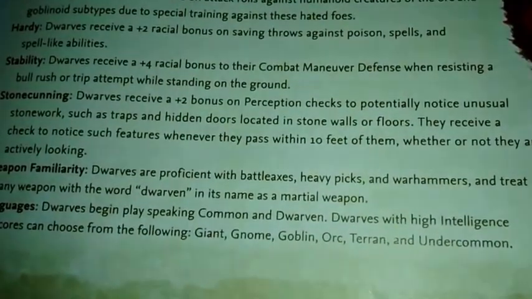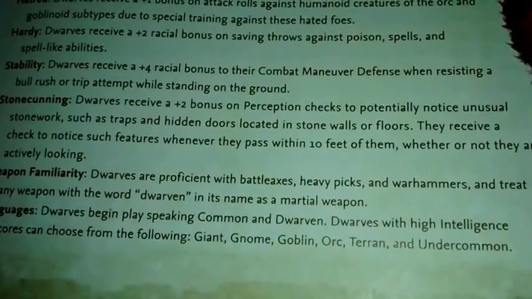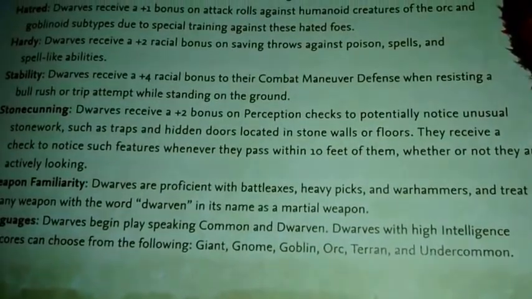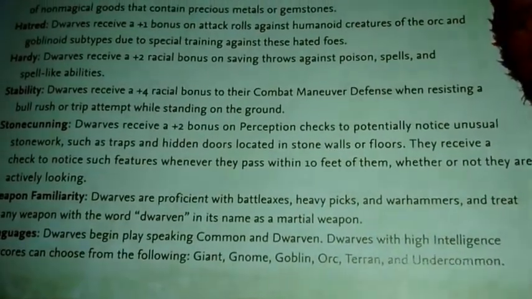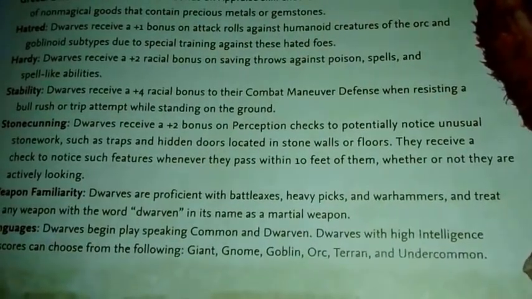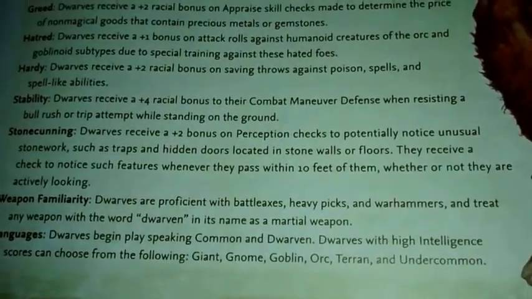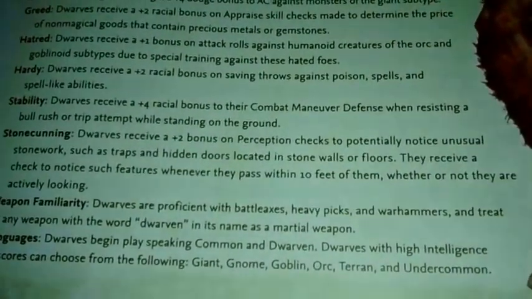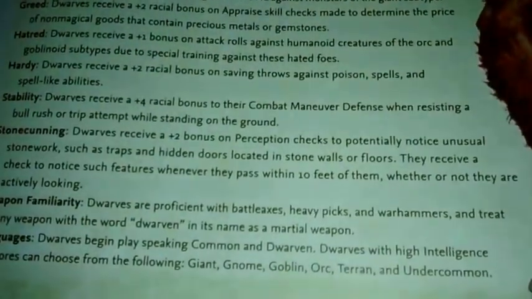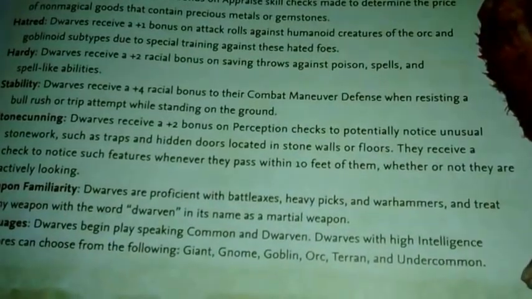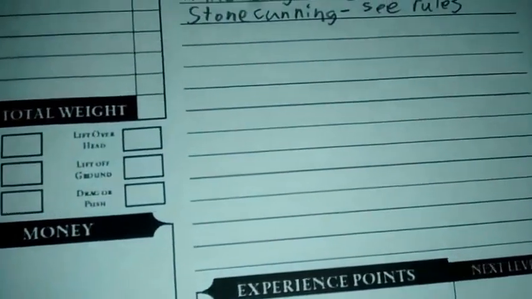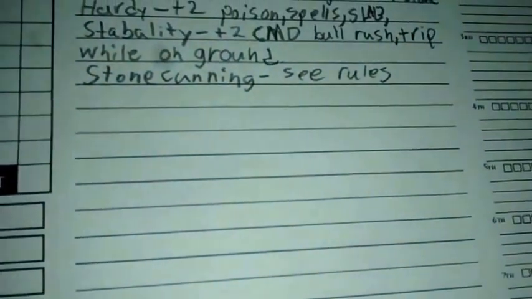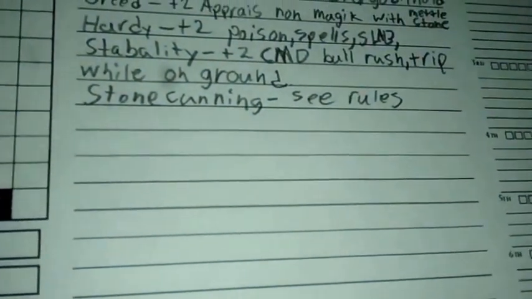They receive a check to notice such features whenever they pass within 10 feet of them, whether or not they are actively looking. So that's quite a bit of text, and would never fit on 1 or 2 lines of the special abilities section. So what you do in those cases is put down the name of the ability, and then just put down see rules.